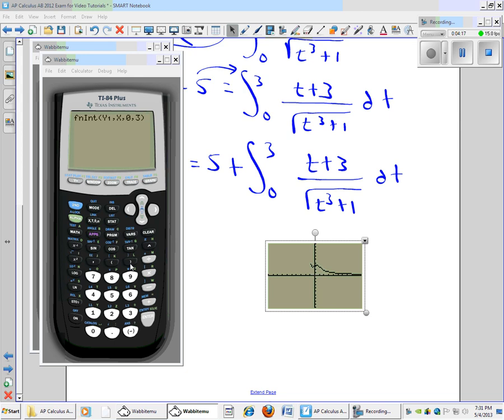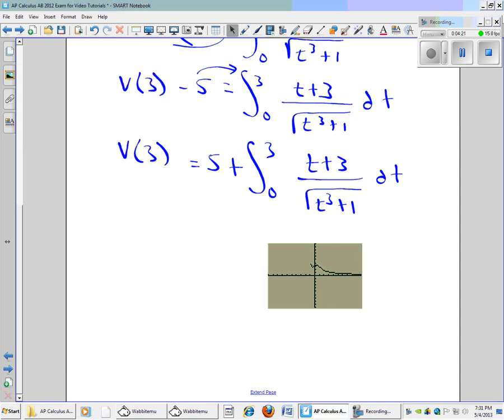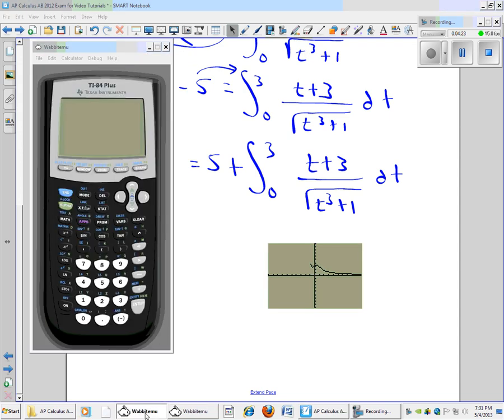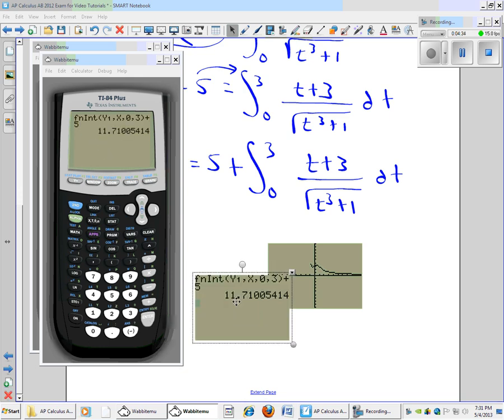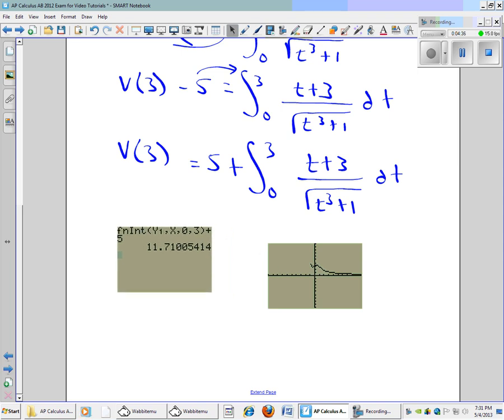All right, now the only thing that I'm missing here is this plus 5, so I need to make sure that I add that plus 5 for my answer. And then we'll hit enter. And this will be our solution. This will be our value of v of 3. So let's go ahead and write that.